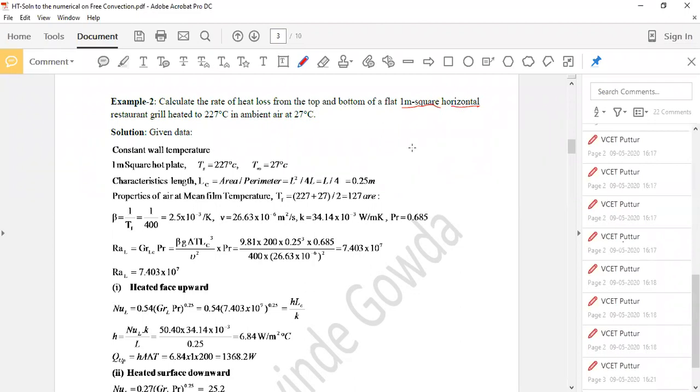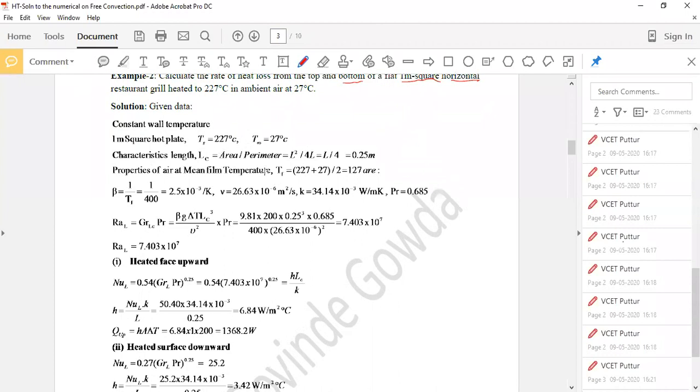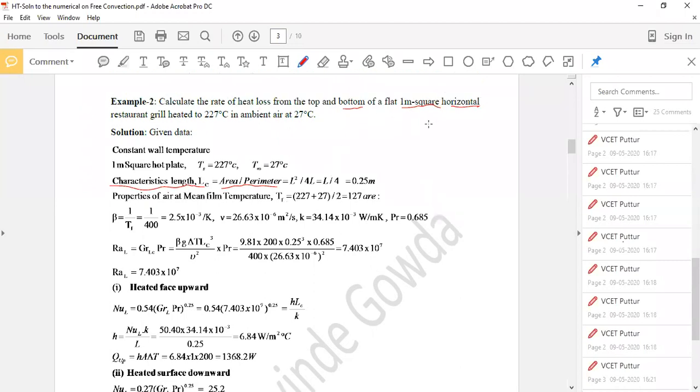So obviously, you have to calculate the heat transfer coefficients for two cases: one, the heated surface facing up, and the other, the heated surface facing down. The procedure is common: whenever horizontal plates are given, you have to find the characteristic length. The characteristic length for the horizontal plate is surface area divided by perimeter. For the square, surface area is L square, perimeter is 4 times the side.